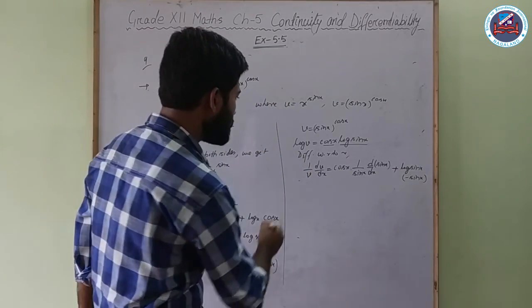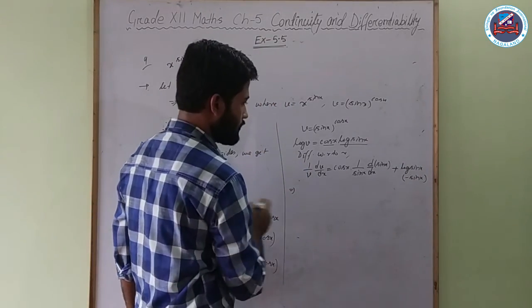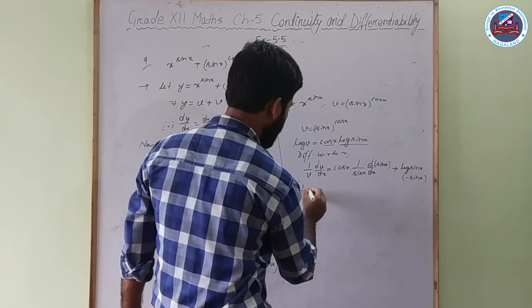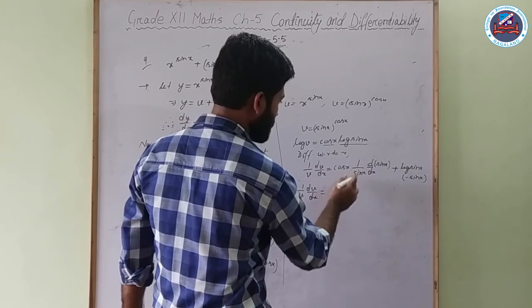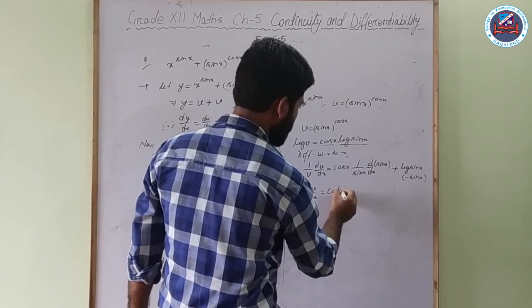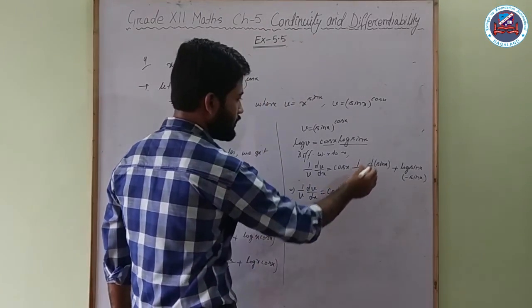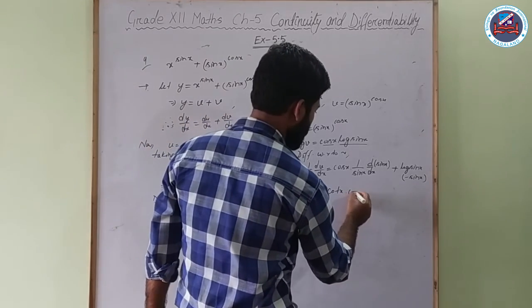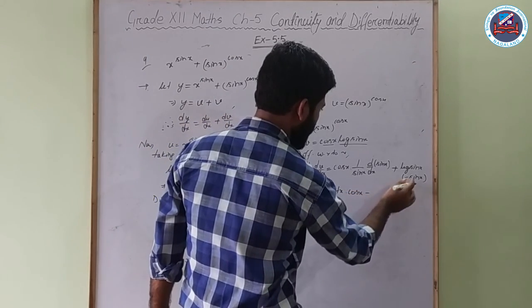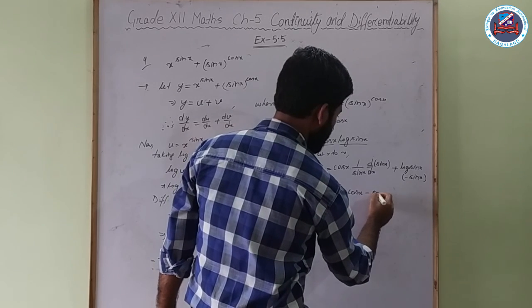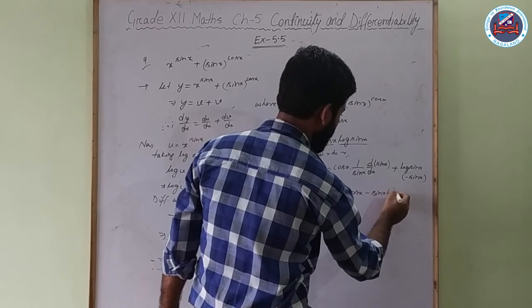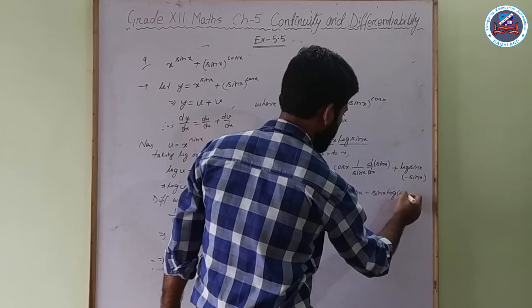So this gives us 1 by v dv by dx will be equal to cos x by sin x will be cot x, and d/dx of sin x will be cos x, minus, if I take the minus here, it will be sin x and log sin x.